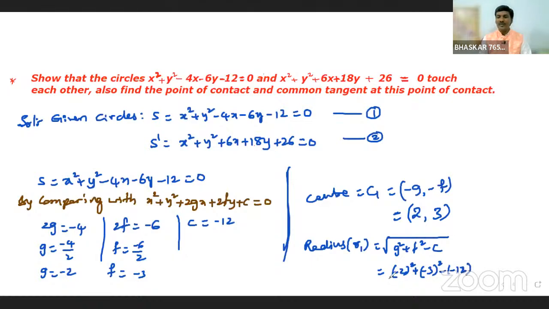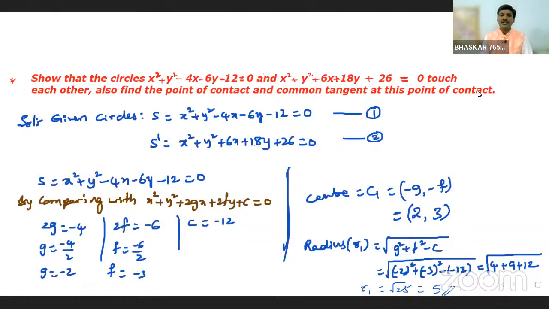So 2 square is 4, 3 square is 9, plus 12. 4 plus 9 is 13, 13 plus 12 is 25. So we can write it as root 25, which is nothing but 5. This is the radius for the first circle.